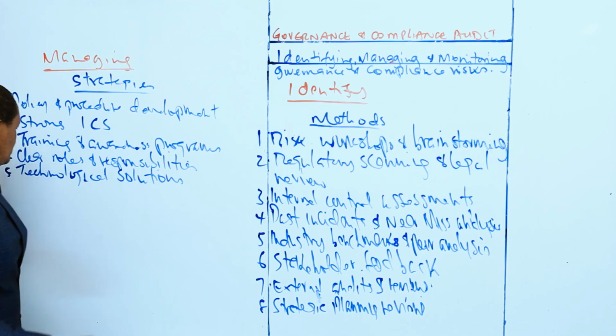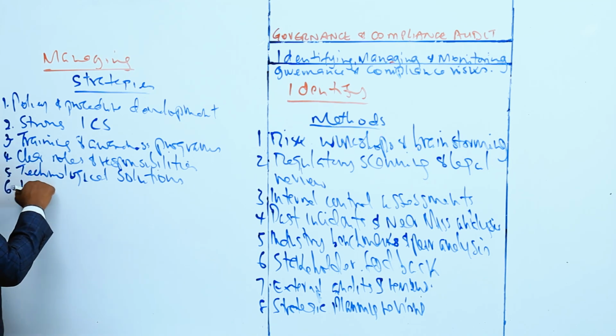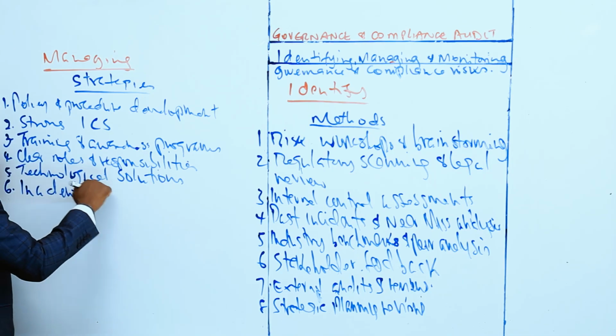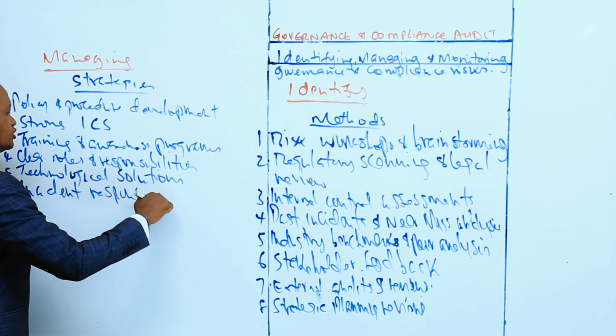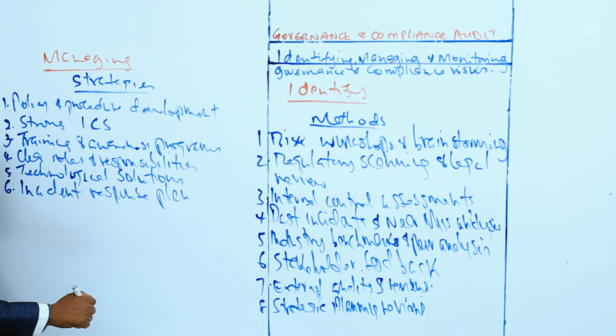Using technology. The sixth strategy to manage risks is an incident response plan. Having an incident response plan means developing and regularly testing a plan for responding to identified governance breaches or compliance violations.